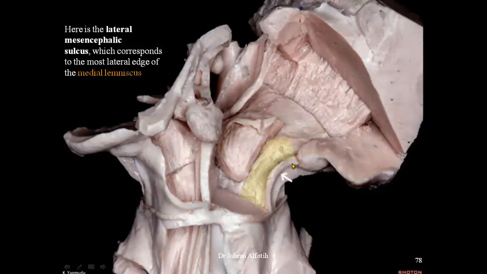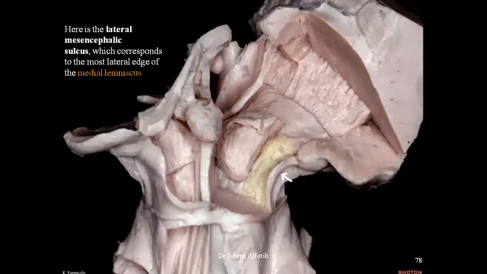And here is the mesencephalic sulcus, which is lateral to the edge of the medial lemniscus. It is another important safe entry zone in the midbrain.